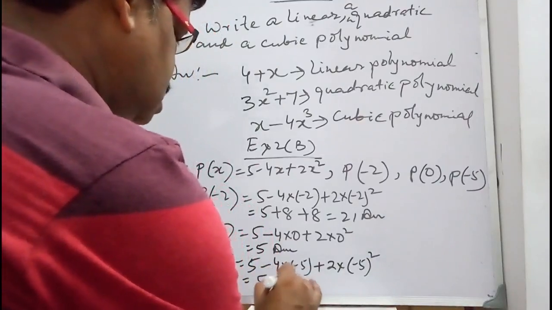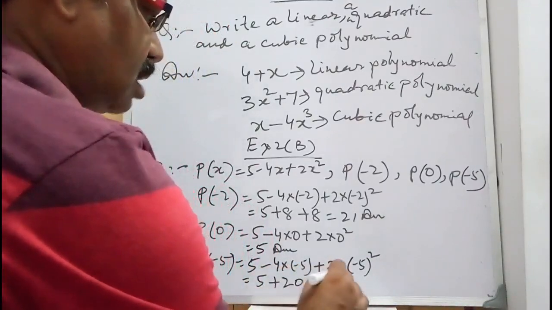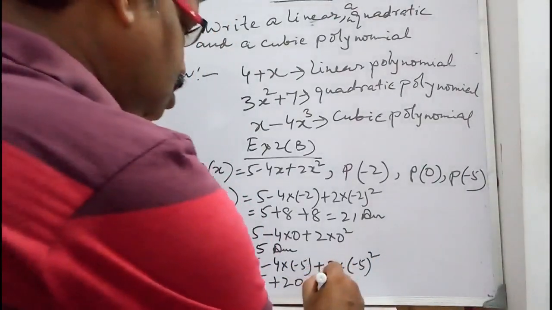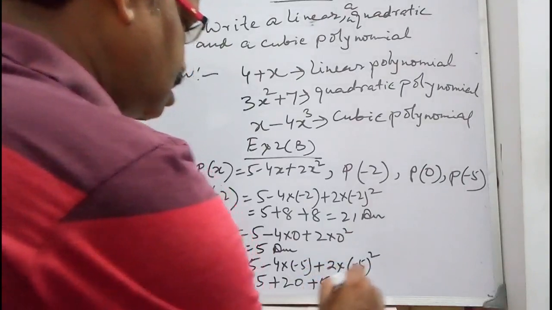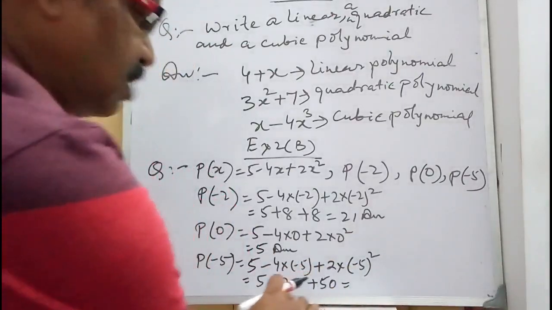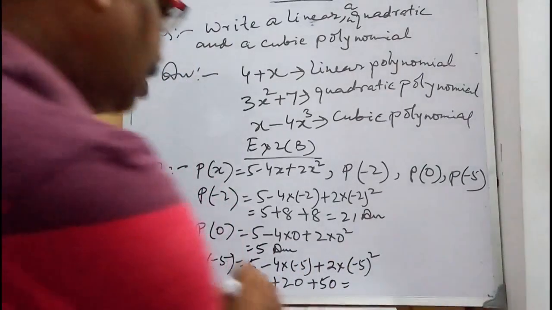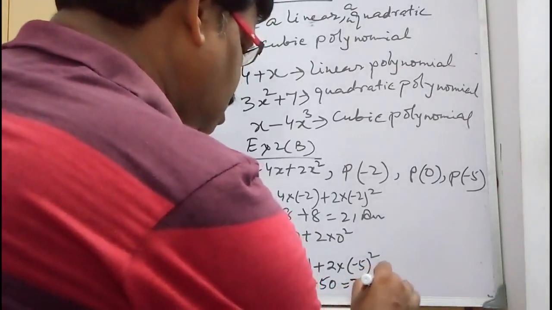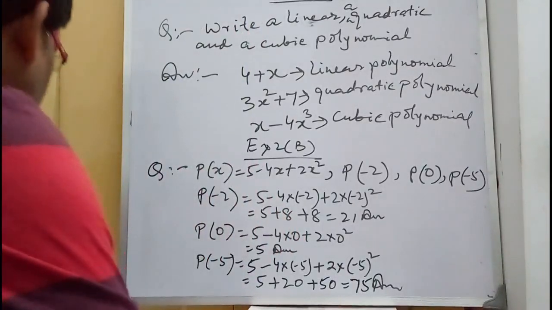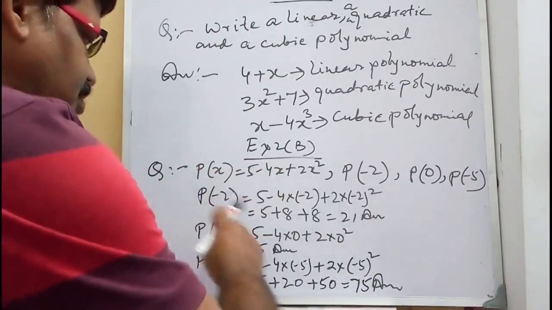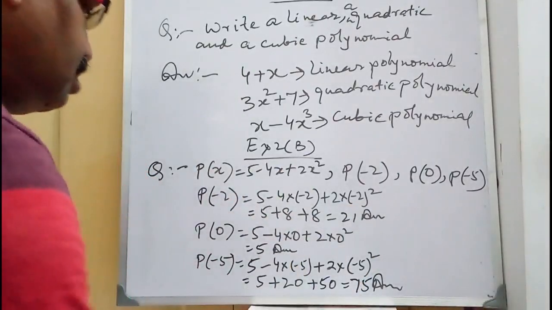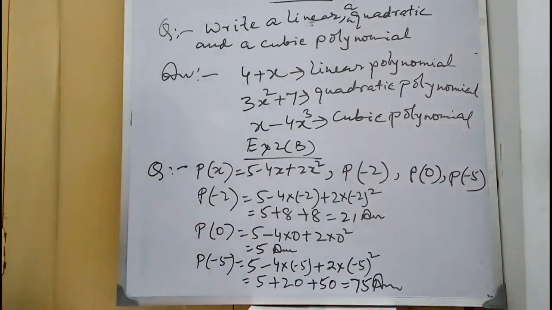So 5 plus 20, 5 5s are 25, into 2, 50. Now add these: 50 plus 20, 70 plus 5, 75. So for these values, the answers of the polynomial: first one 21, second one 5, and third one 75.